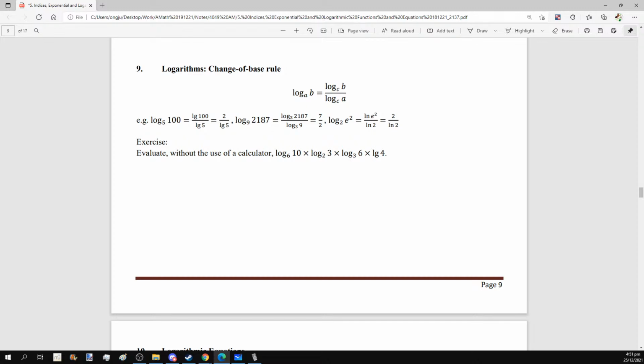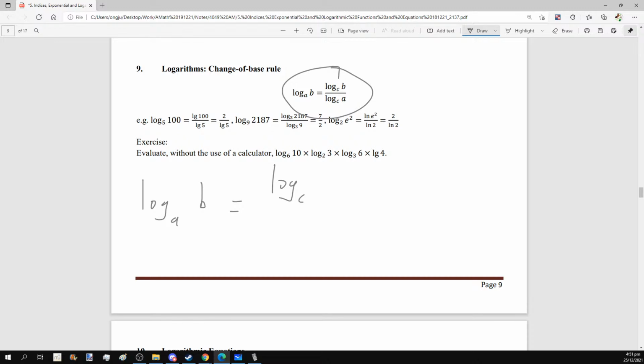In this scenario, what we see is that I can simply change the number below the logarithm, right? If I have log A of B, the strategy is step 1, change the base immediately from A to C in this case.